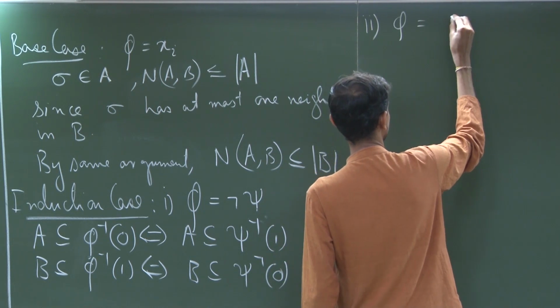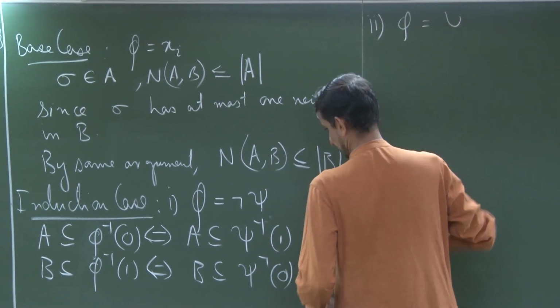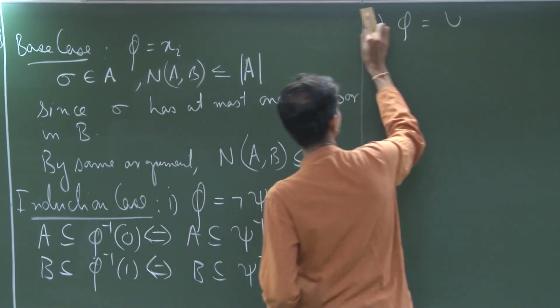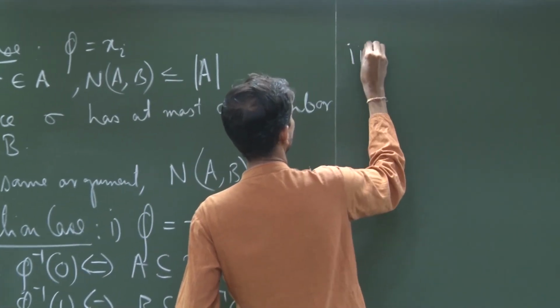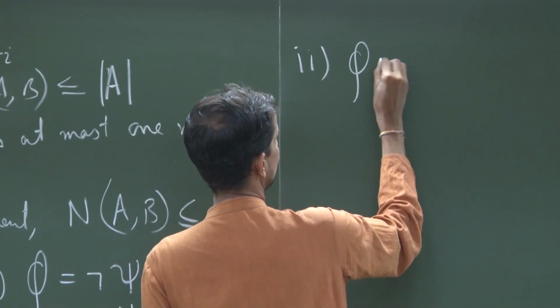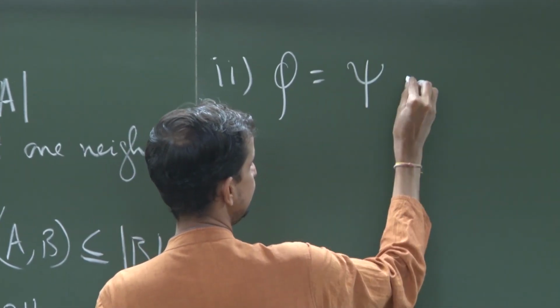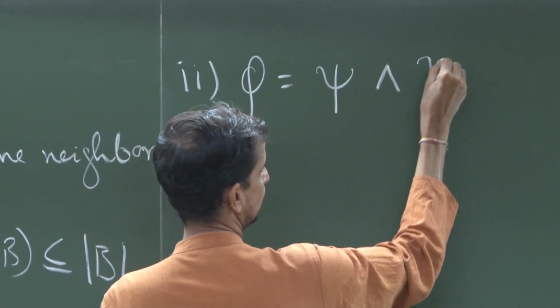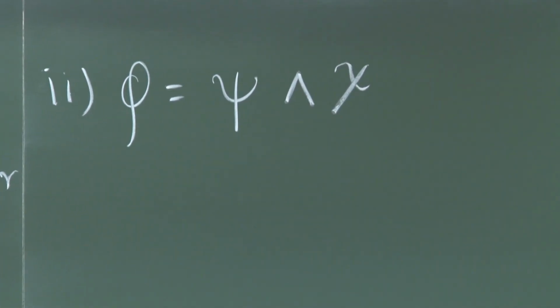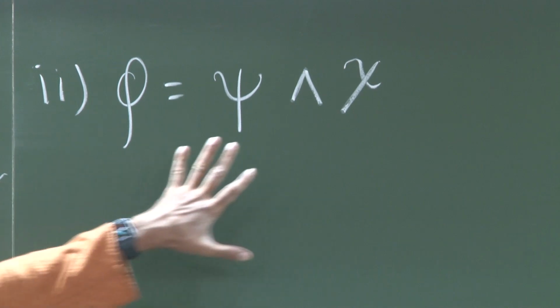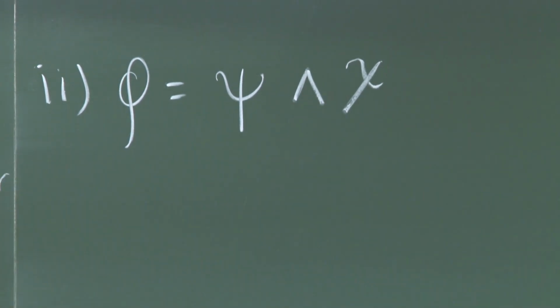Suppose phi is equal to an AND of something. Okay. So, let us say, sorry, let me just write it a little lower. Phi is equal to psi AND some formula chi. Okay. So, if this is the case, let us try to rewrite this.